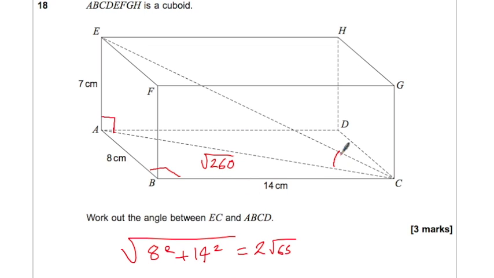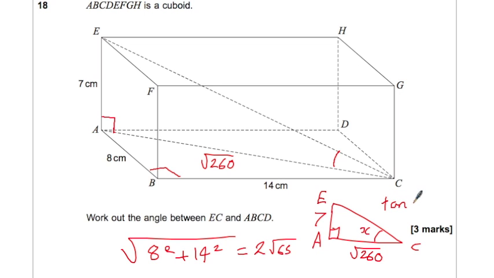So then to work out the angle C, if we draw out the triangle ECA, we know that's a right angle. We're trying to find this, let's call it X. This is root 260, or 2 root 65, and this is 7. So this is the opposite, this is the adjacent.